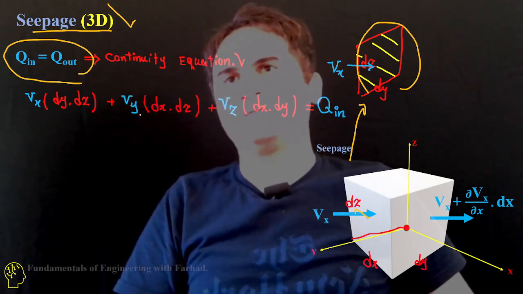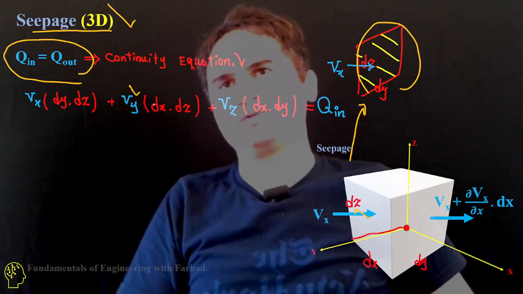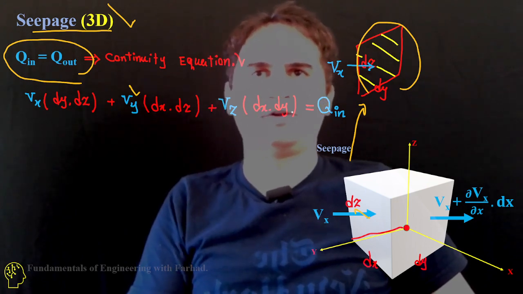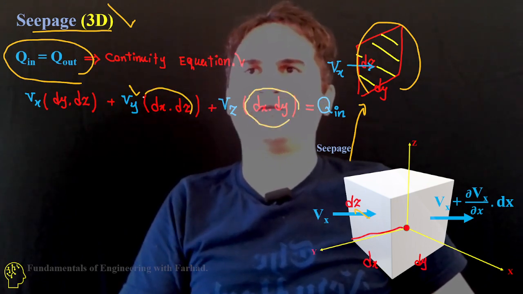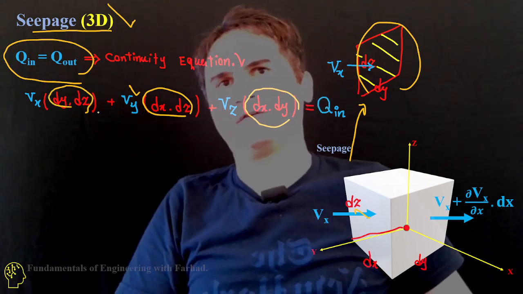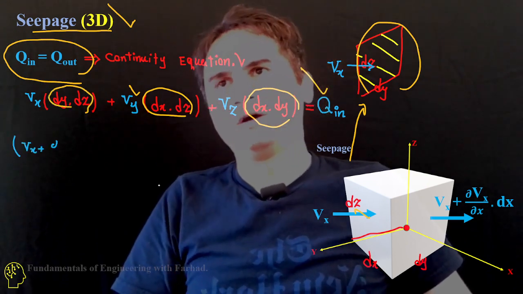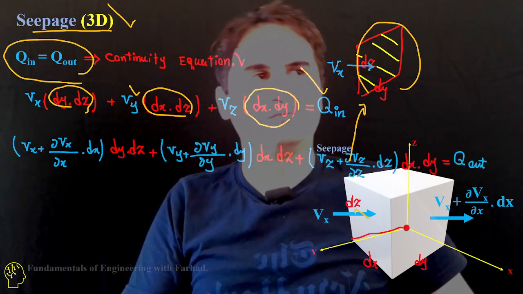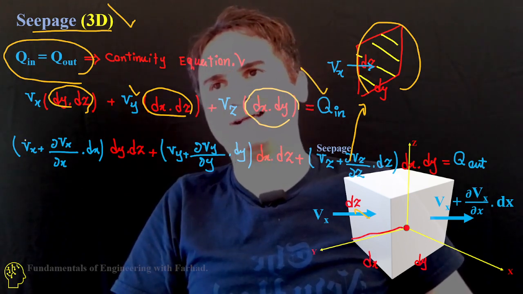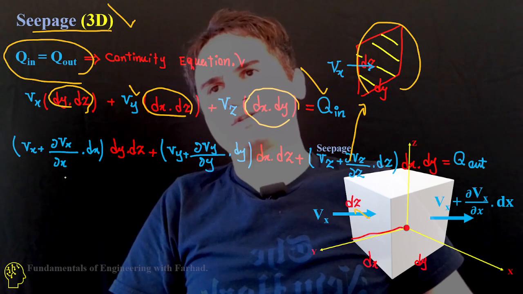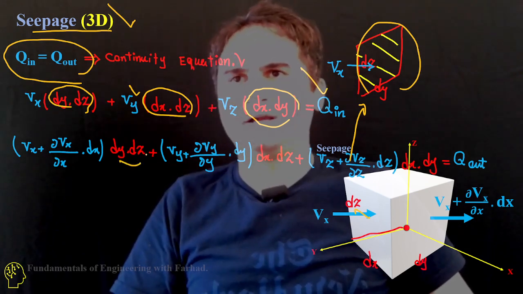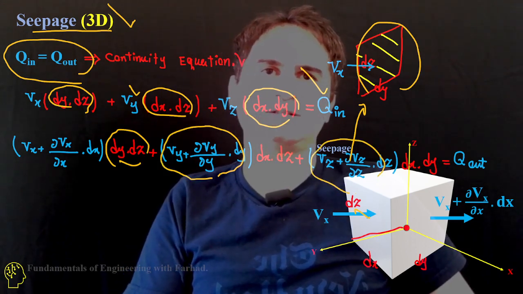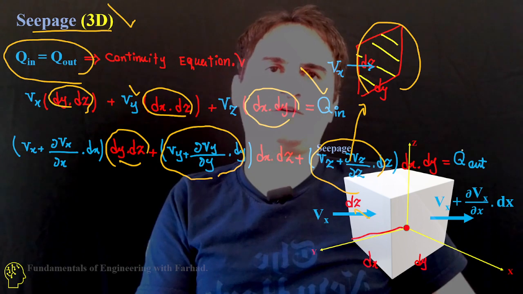If we develop the other areas as well, Vy applies to dx times dz, plus Vz applies to the area dx dy. These are the appropriate areas, likewise the area for Vx, and that's all Q in. How about the velocity on the other side, when the water goes out of our volumetric element? That's Vx plus dVx over dx, times the area, and the change of velocity in y and the change of velocity in z times dx dy is our Q out.